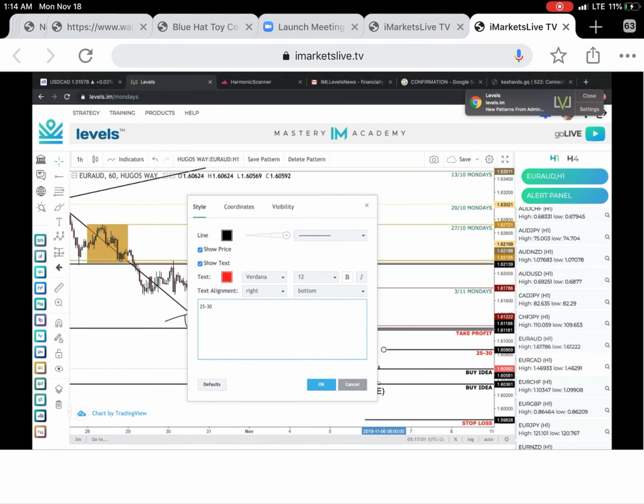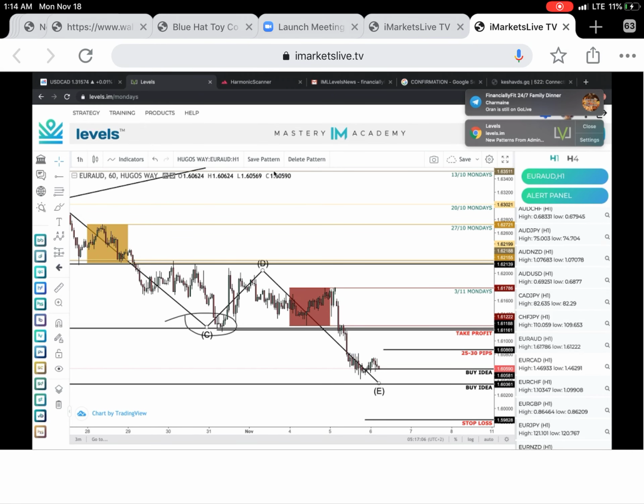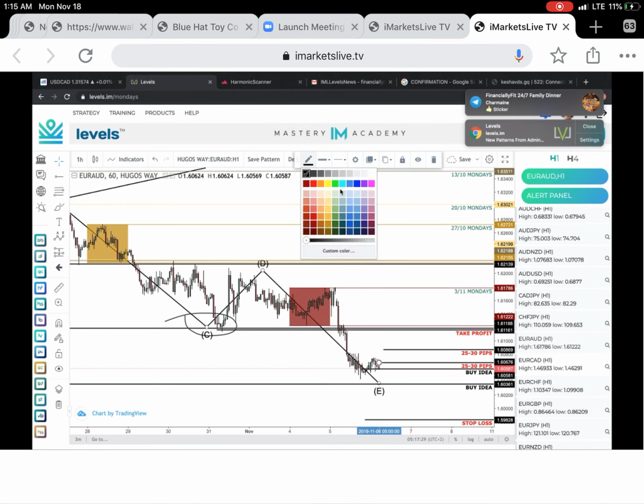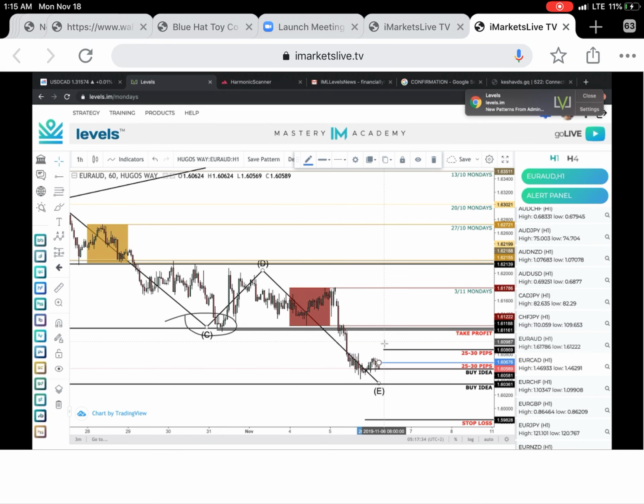Hit save. And if it comes down here, right here is 25 to 30.